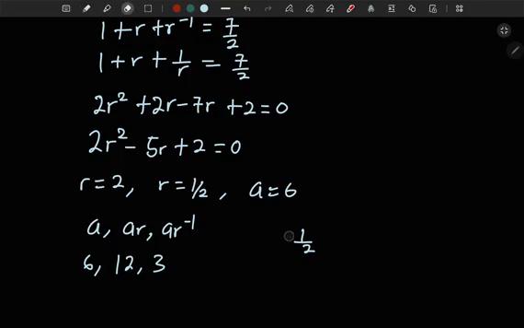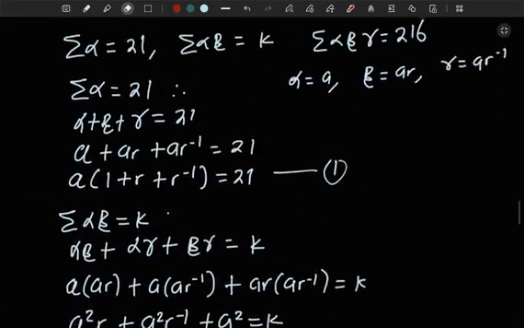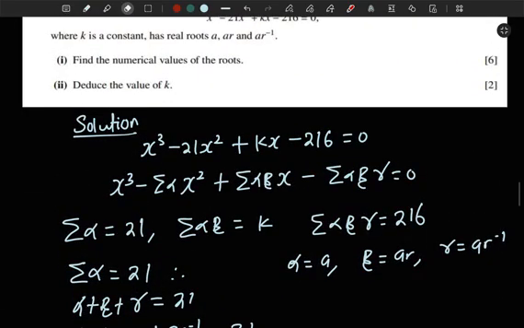Which means that the roots are going to be 3, 6, and 12. If you take r to be 1/2, I'm sure you're going to have the same, so you can confirm that after the class.